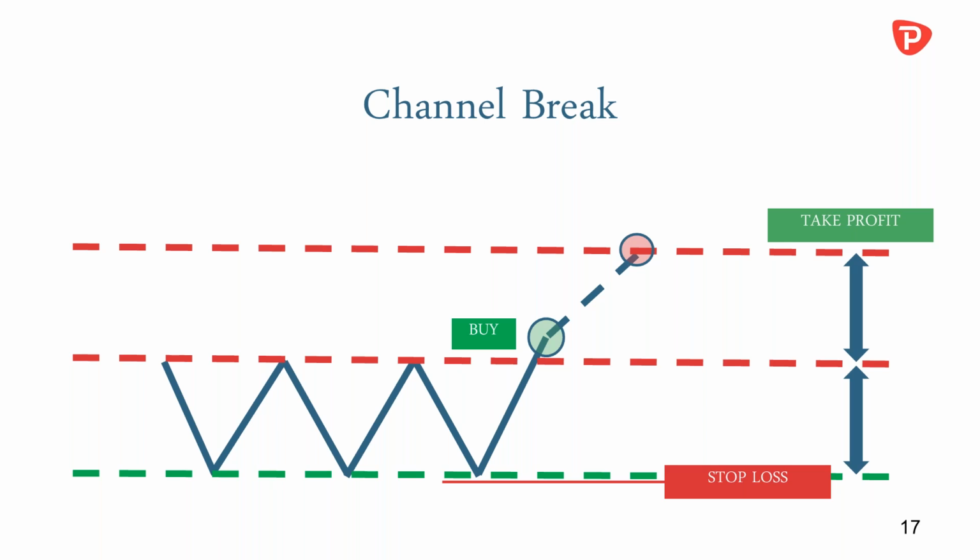But if we waited for the role reversal, when it comes back down and tests that resistance zone, which has now become support, all we have to do is put the stop loss behind the last swing high, and that will basically take care of any price movement, because we can expect that resistance will provide the extra support we need to make sure that price doesn't get back down there and stop us out.